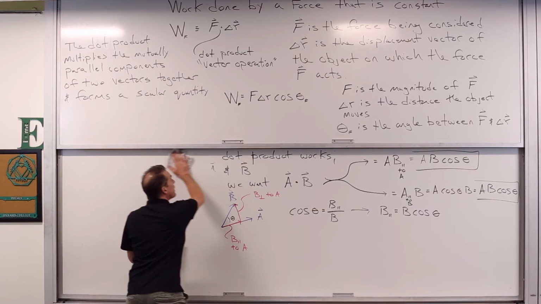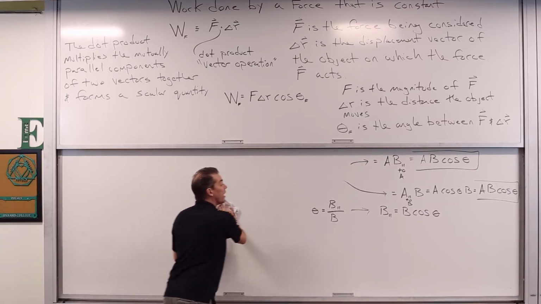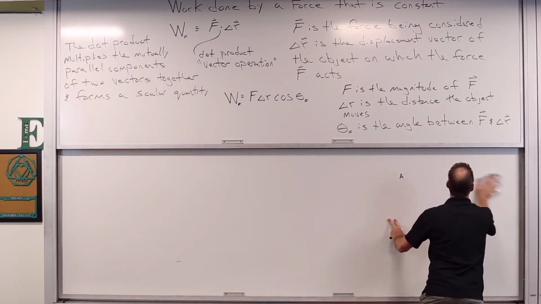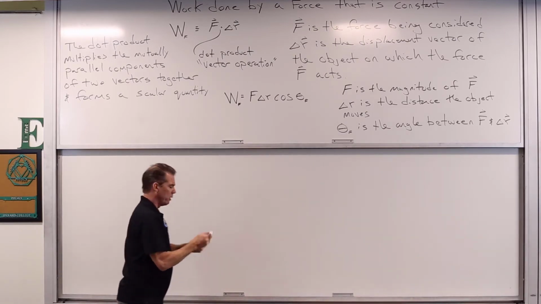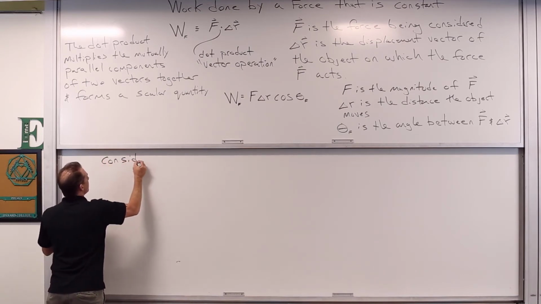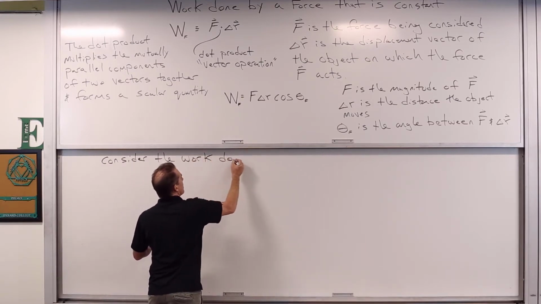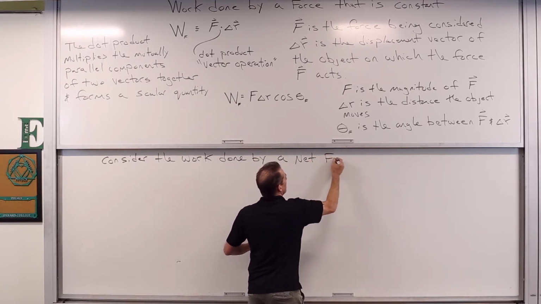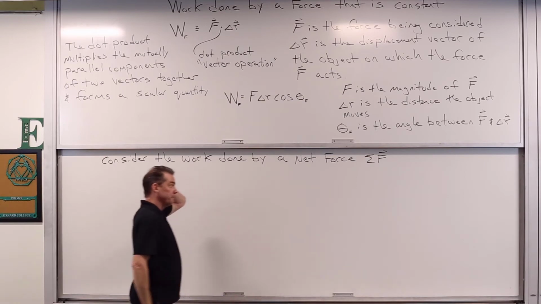So again, we are considering a constant force here. Let us consider a constant net force to see the overall aspect, net force being just the sum of all forces acting. So let's look at the work done by the net force, sigma F hat.